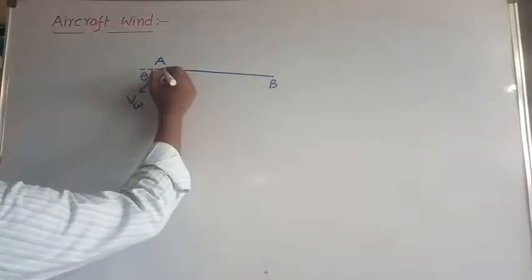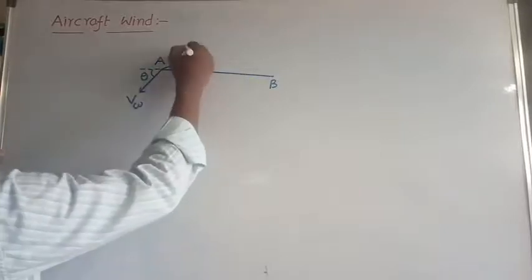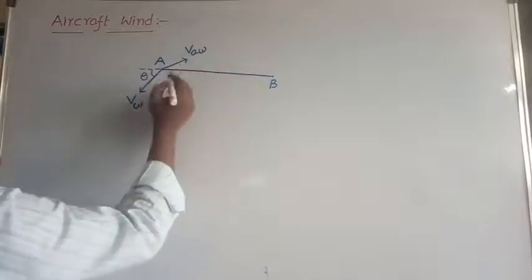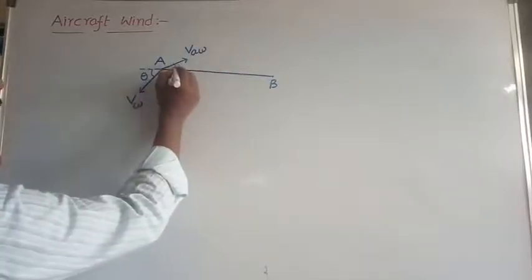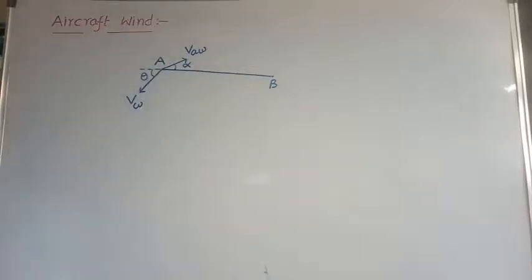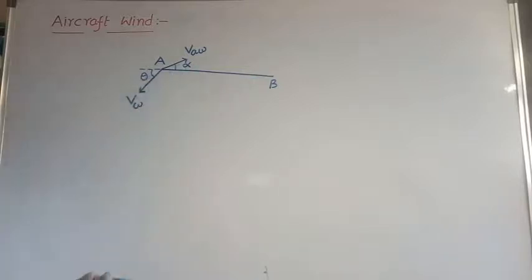Suppose this aircraft is moving with a velocity VAW, velocity of aircraft with respect to wind. It makes an angle alpha with the horizontal. Here the wind makes an angle theta, and this one makes an angle alpha.